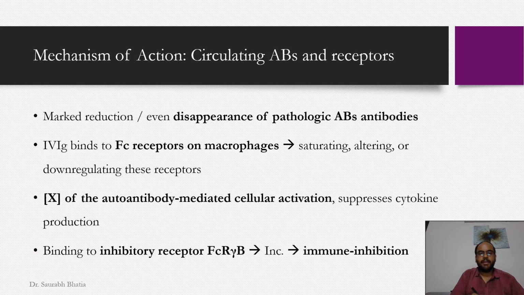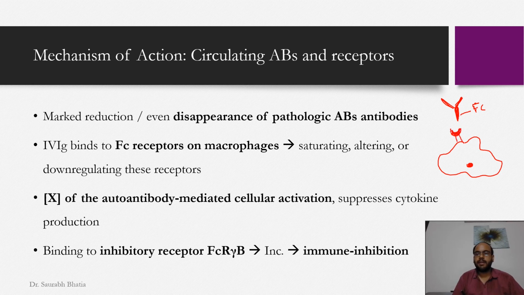Okay, next. Circulating antibodies and receptors. What happens is that when we give IVIg, since I told you that this is the immunoglobulin, this is the Fc receptor. Let's say you have a macrophage, and here we have a receptor for IVIg.